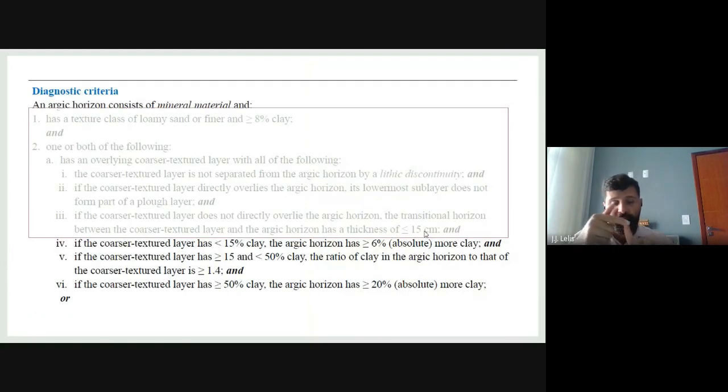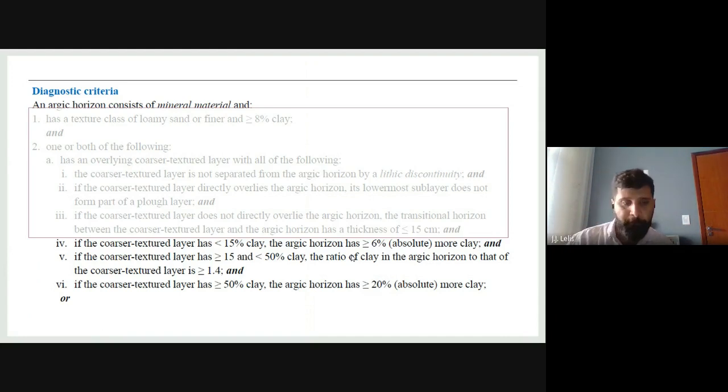And this comparison between clay content at equal or lower than 15 centimeters should follow these values. Okay, if the coarser texture layer has less than 15% of clay, the argic horizon should present at least 6% or more clay than the coarser texture layer.